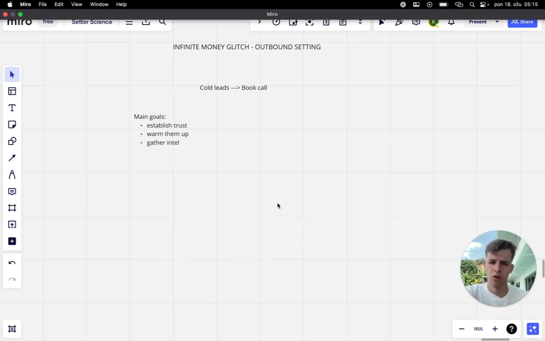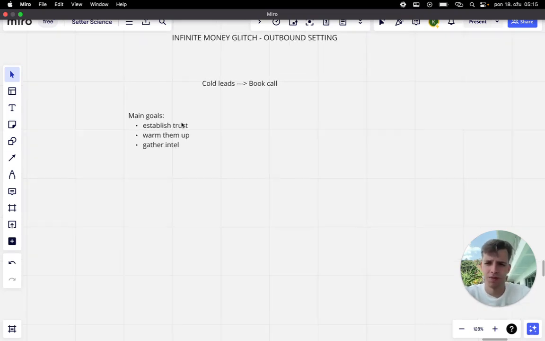Those are your main goals. So the way you can establish trust is by literally being more genuine and not coming across as a salesy person. It's obvious that when you message them, they're just going to assume that you want something from them, and most likely that's money because you want to sell them something, let's be honest. So the way to avoid that is by coming across as genuine as possible.